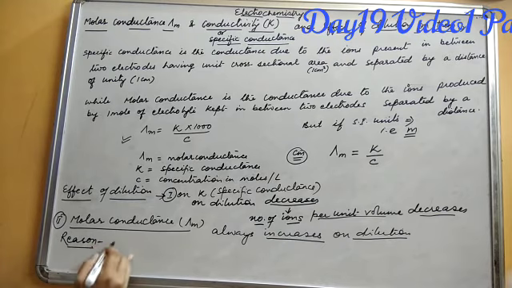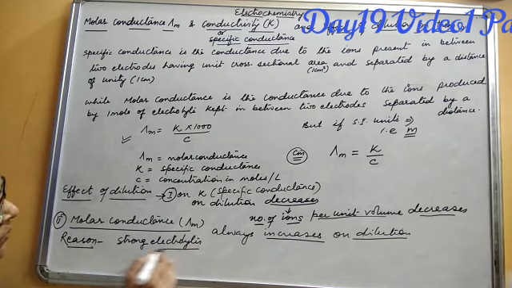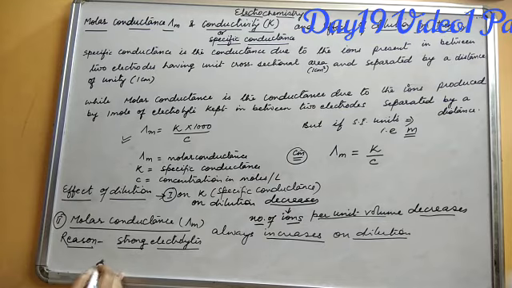with respect to weak electrolytes and strong electrolytes. So first of all, strong electrolytes. What are strong electrolytes? These are the electrolytes which completely dissociate on making a solution. For example, sodium chloride, potassium chloride.